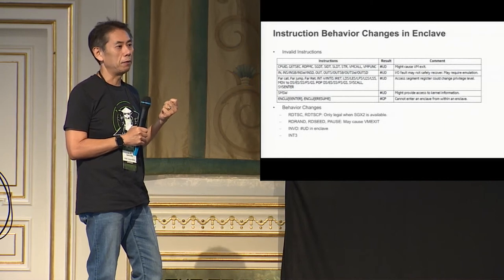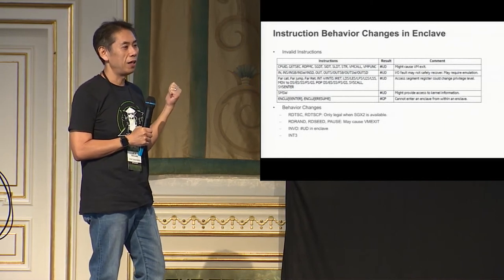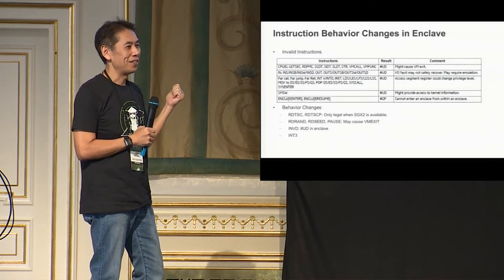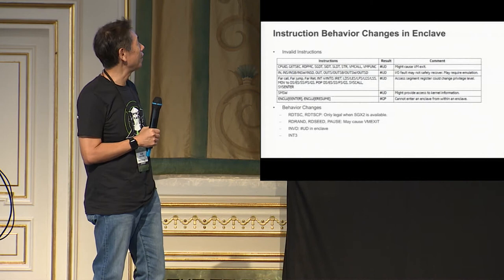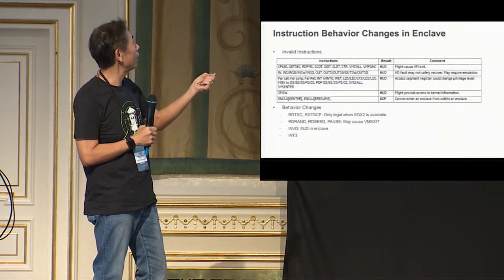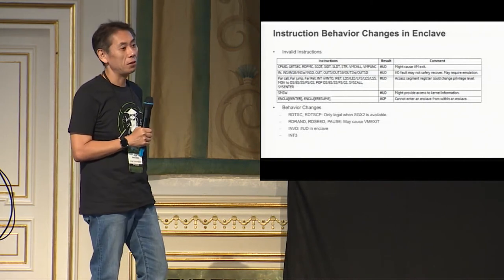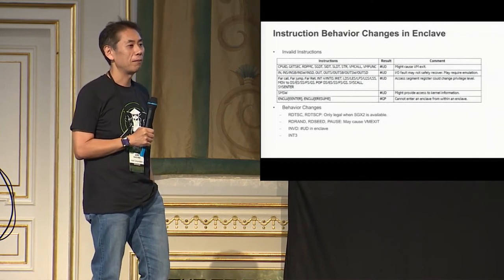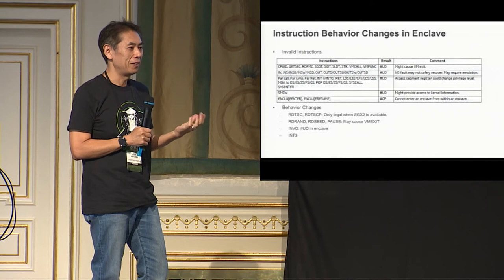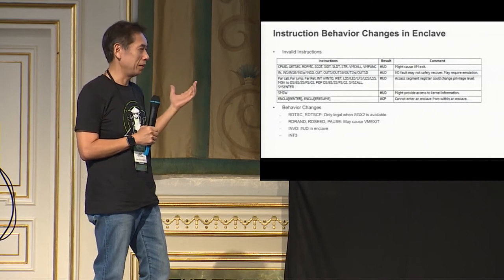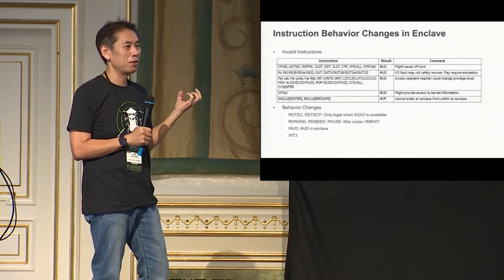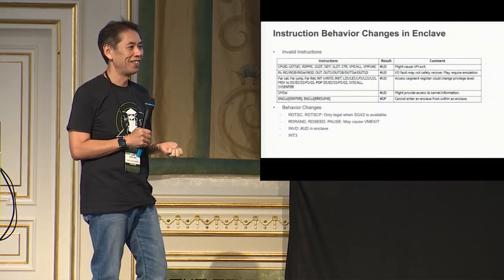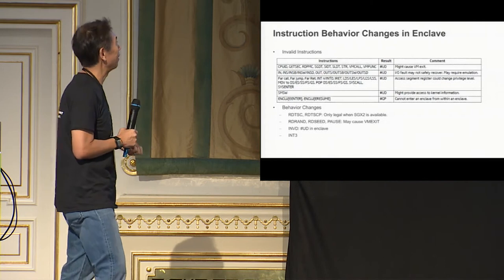For example, CPUID is not available in enclave. Or even more, the system call, sysenter, right? This one, sysenter, syscall is not actually available because it's UD, okay? So how can you use system call? Because, again, we don't trust operating systems. So there is no point of doing a system call, right? That's the reason we prevented it.